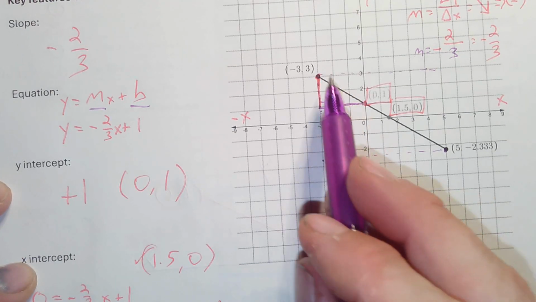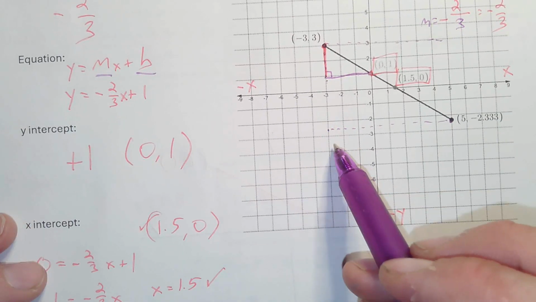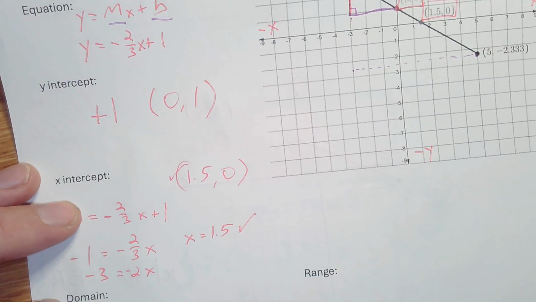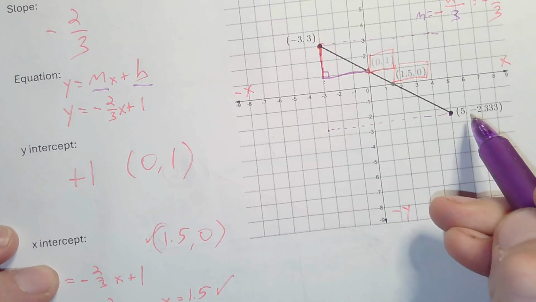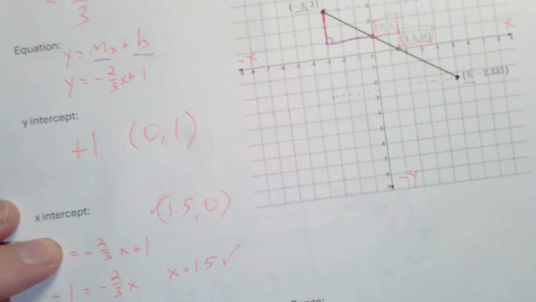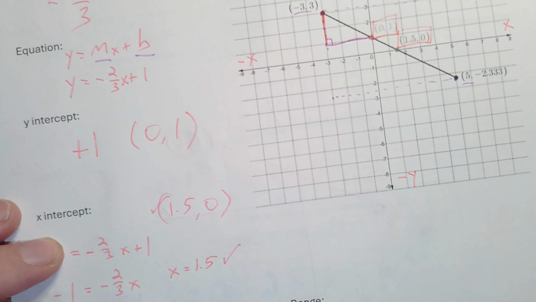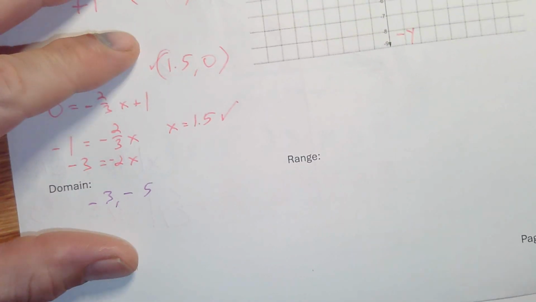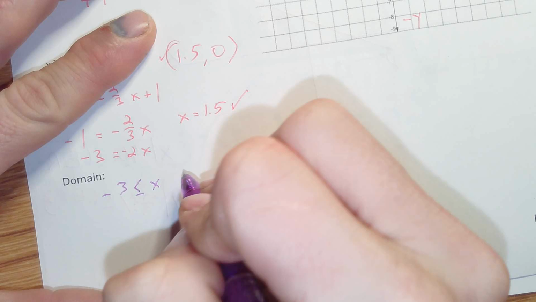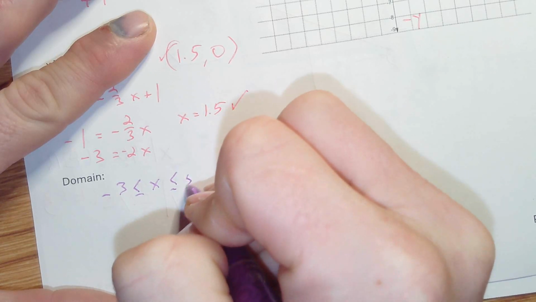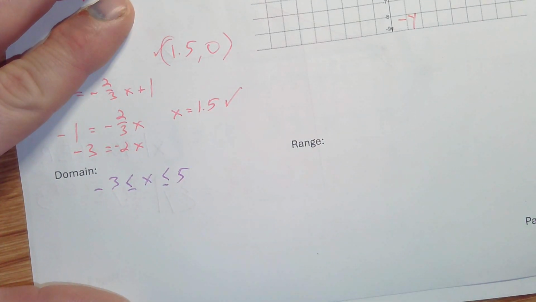The minimum input we can do is negative 3, and the maximum input we can do is 5, our x values. So it's negative 3 to 5, inclusively.